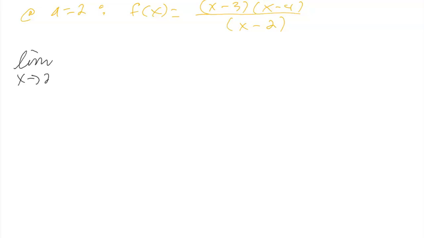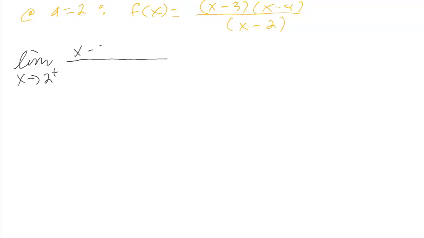At a equal to 2, then our function f of x is x minus 3, x minus 4 over x minus 2, and we want to consider the limit as x goes to a from the right, that means approaching 2 from the right.